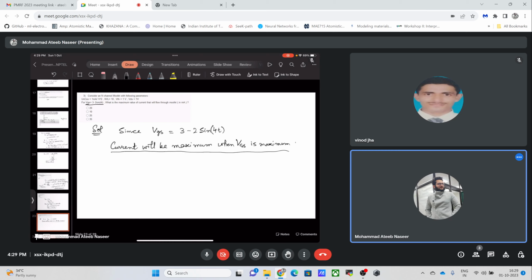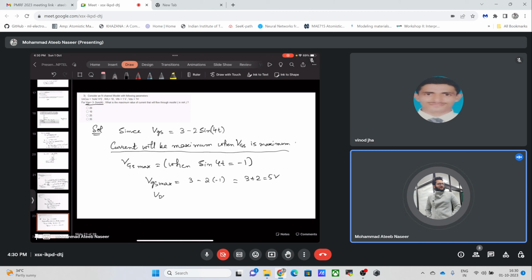So this VGS maximum would occur when sine of 4t is equal to minus 1. So VGS max is simply equal to 3 minus 2 times minus 1, which is 3 plus 2, 5 volts. Okay, this is the maximum value of the voltage.